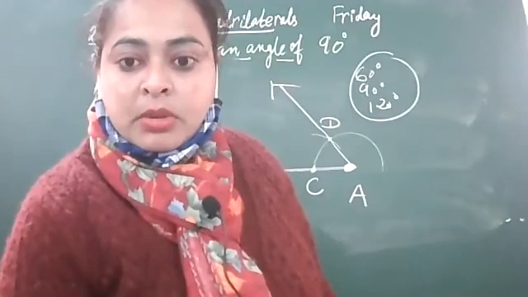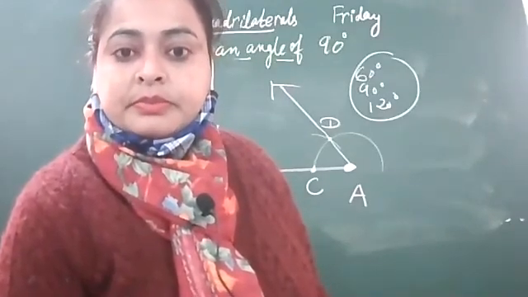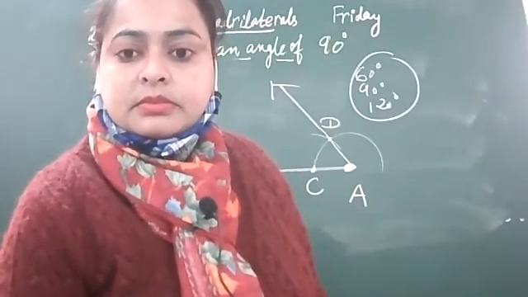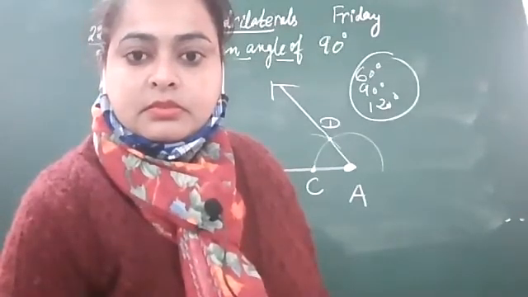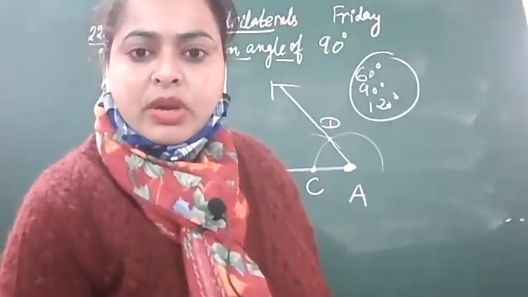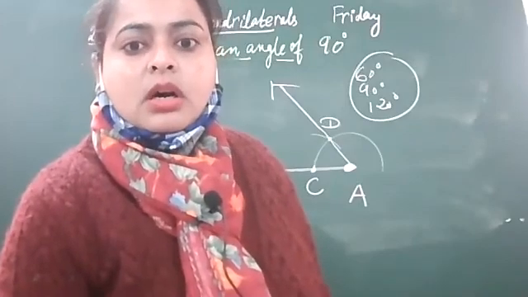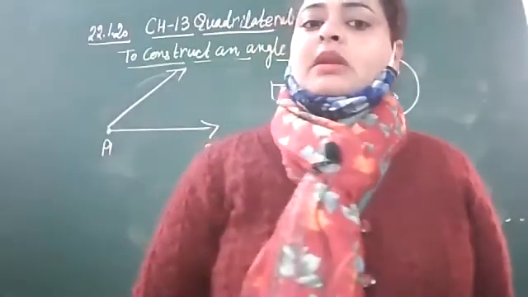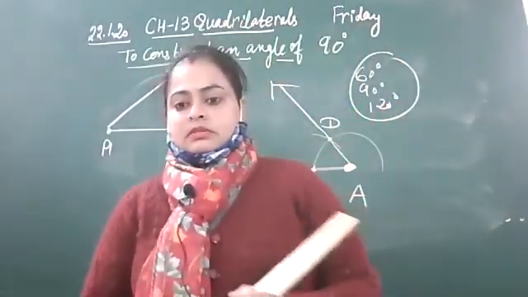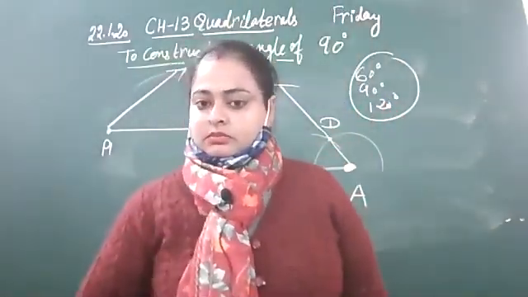Agrim, unmute yourself. Yes, Agrim, are you hearing me? Good morning. Agrim, to construct an angle of 60 degree, what is the first step? Tell me. Ma'am, to draw a ray.